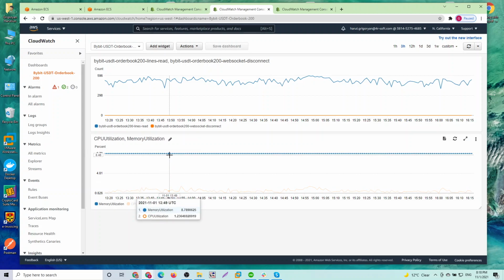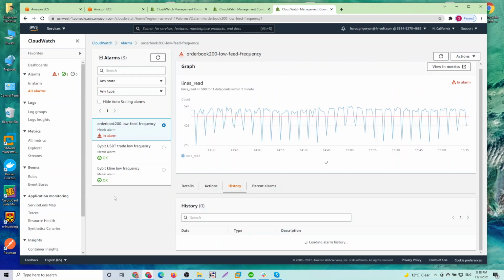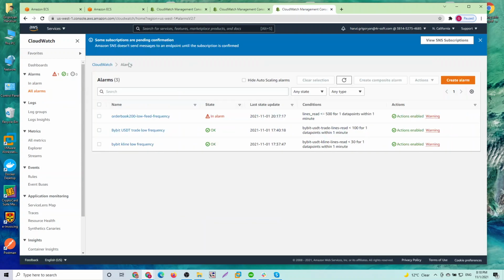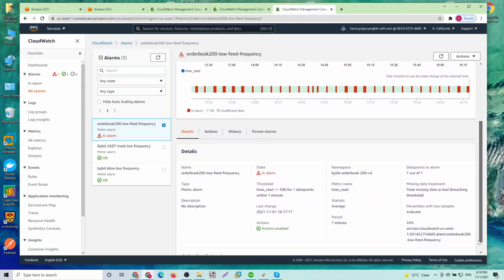The next point is the alarms that we have configured. So for example, currently we have 3, and for instance this order book 200 is in alarm state at the moment, and the reason, you can see it dropped down pretty much, and this produced an alarm here and put that in alarm state.